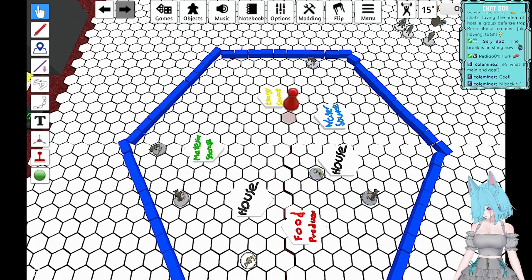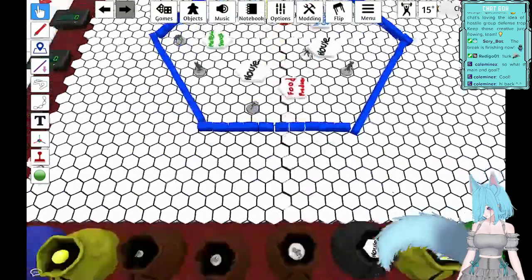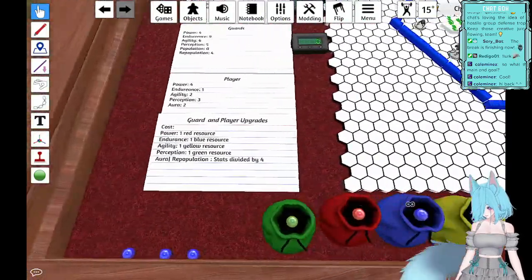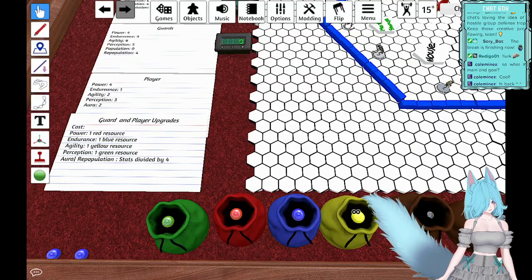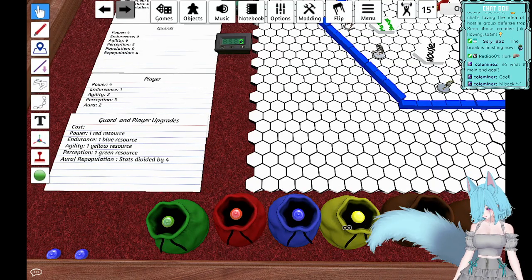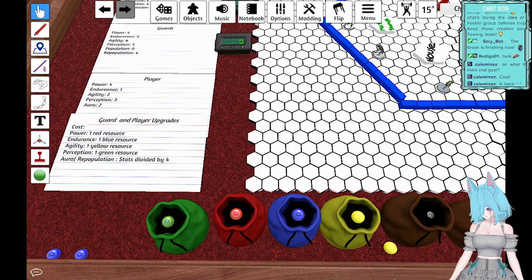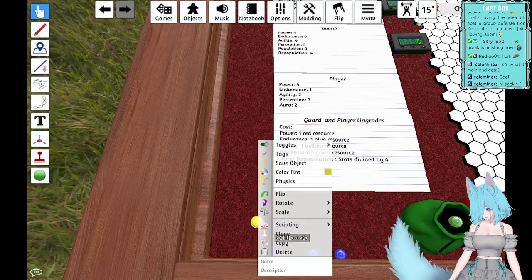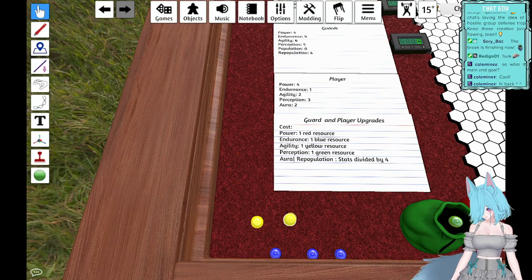So, 1, 2. We get 3 energy. We're finally getting some resources, guys. If Tabletop Simulator allows it, I'm just gonna do that.